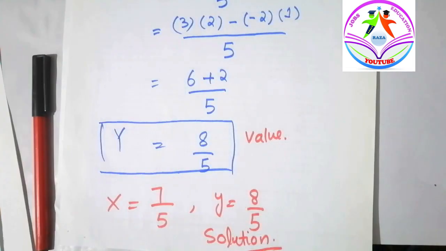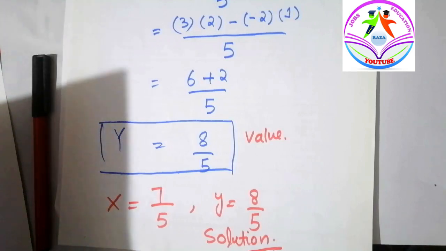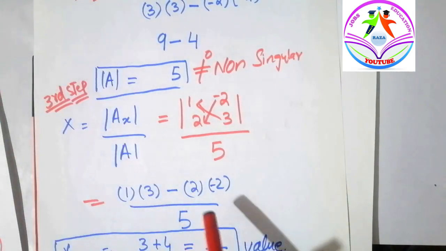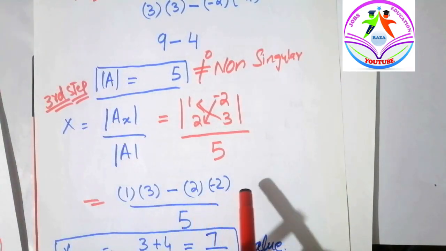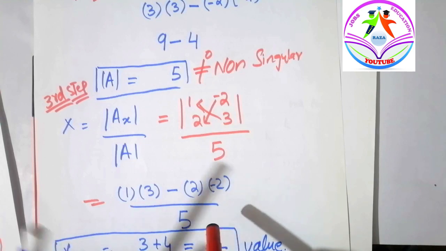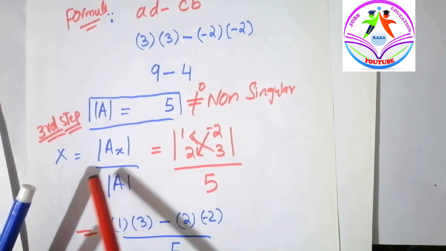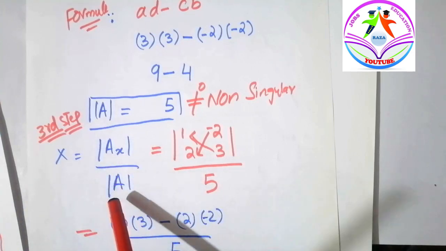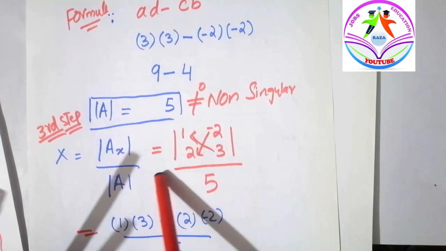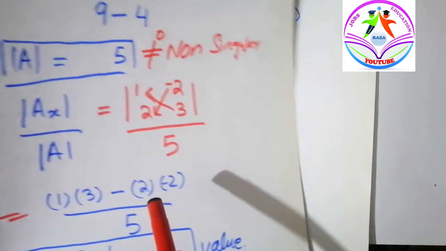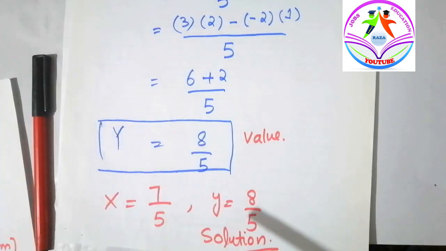Then first we find the determinant of A. If the determinant of A is non-singular, then we can solve the next step. If the determinant of A is singular, then the next step is not possible. To find the next step, we write x is equal to the determinant of AX over the determinant of A, and we find the determinant of AX and the determinant of AY, and using this calculation we are able to find the x and y values.